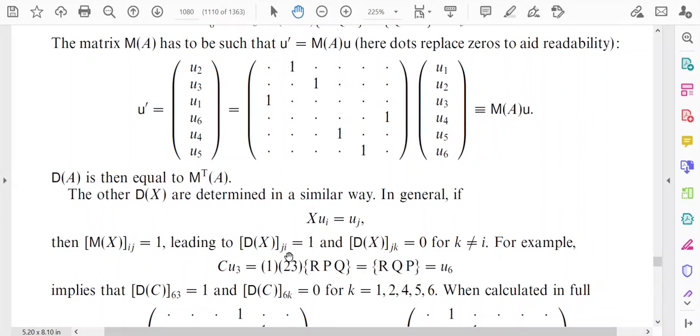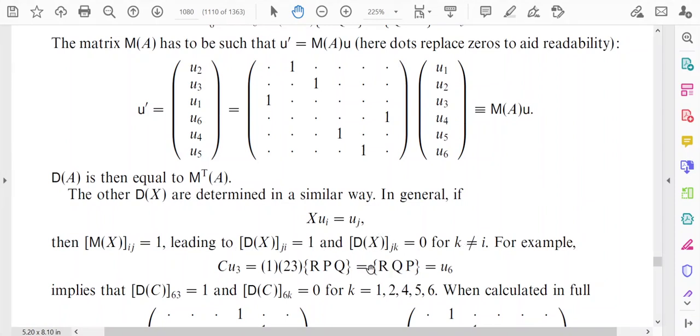J is the same in both cases, but if dji is equal to 1, then djk will be 0 for k not equal to i. The significance of the mathematical expressions is that only one element will be 1, but other elements will be 0. That is written as a generalization.